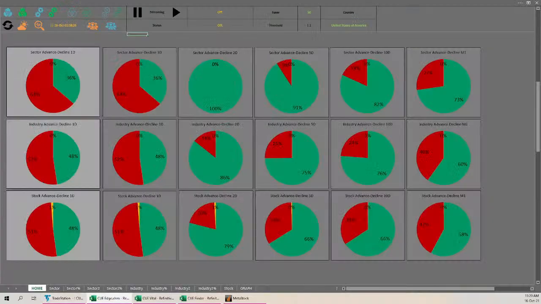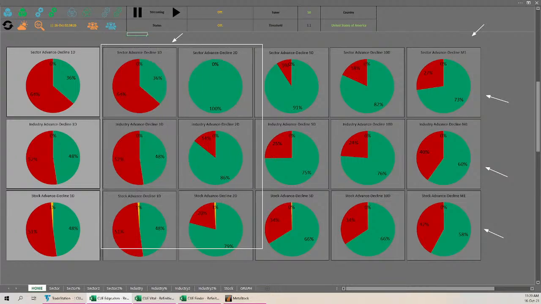First, have a look at the very useful 1 month to 1 day sector, industry, stock, advanced decline, breadth. Every time we see the 1 and 2 day pictures become bullish, after that it starts to turn bearish.